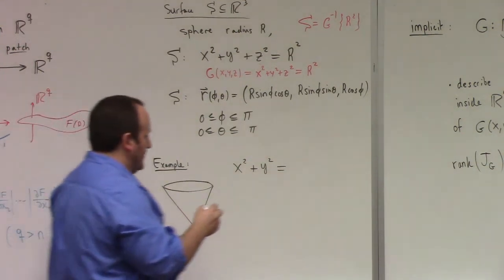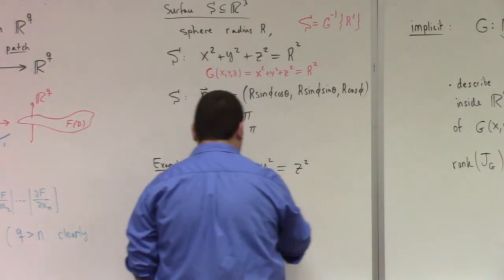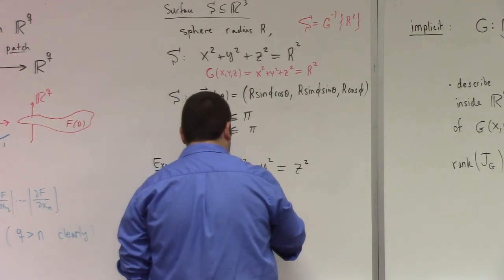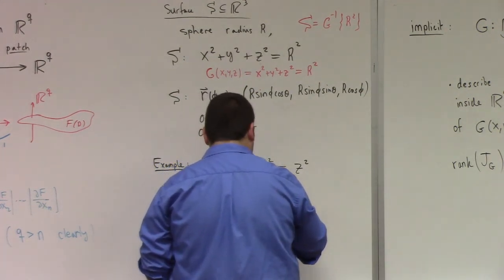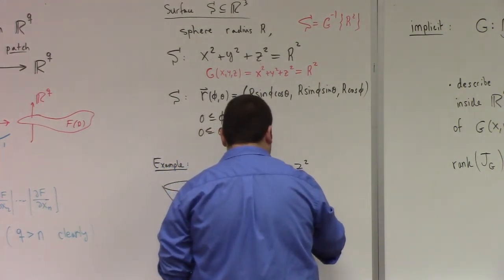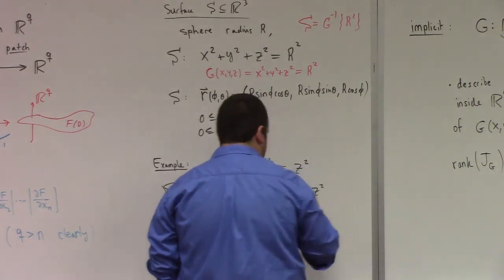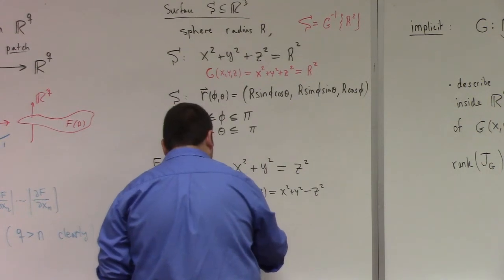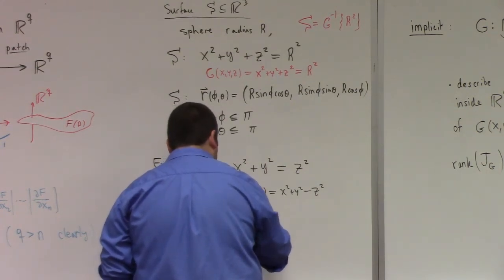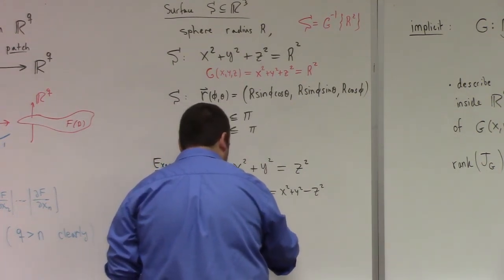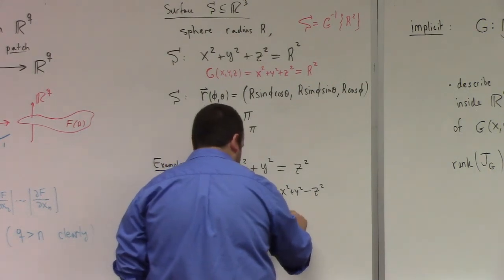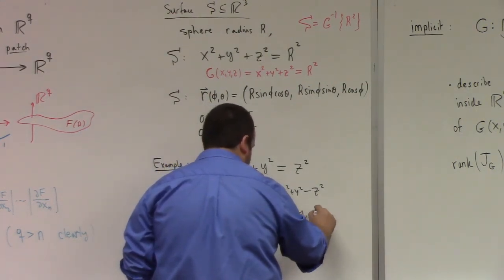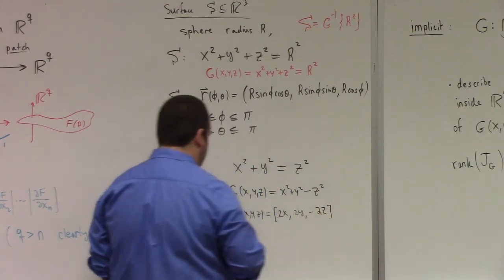We have a winner. And so this is a surface, except when it's not. So g of x, y, z equals x squared plus y squared minus z squared. The Jacobian here, g prime of x, y, z, is 2x, 2y, minus 2z, right?